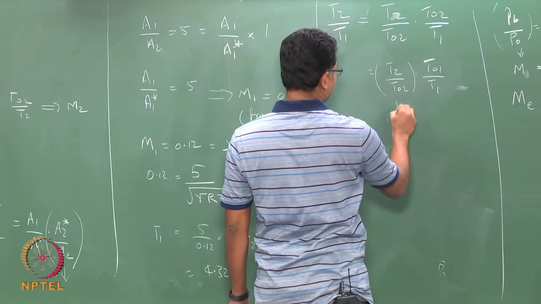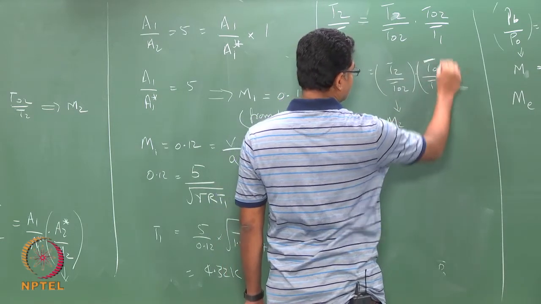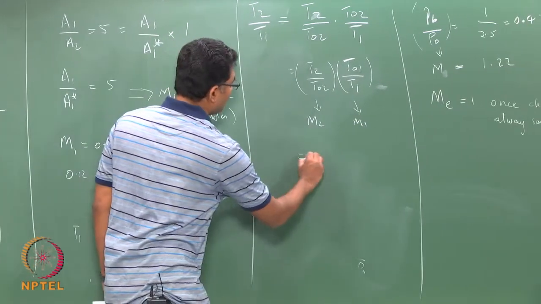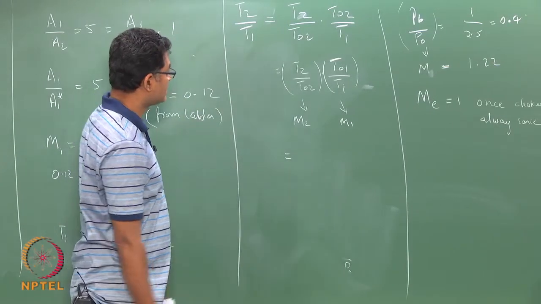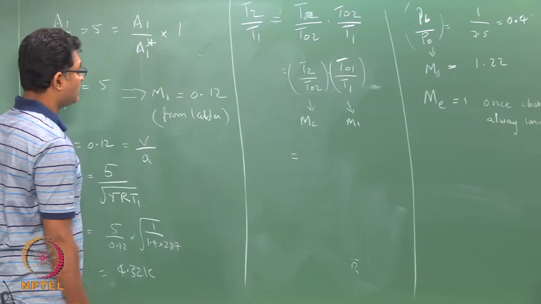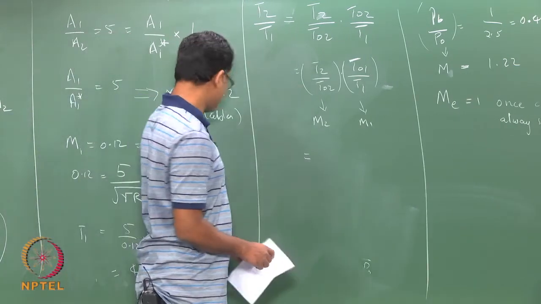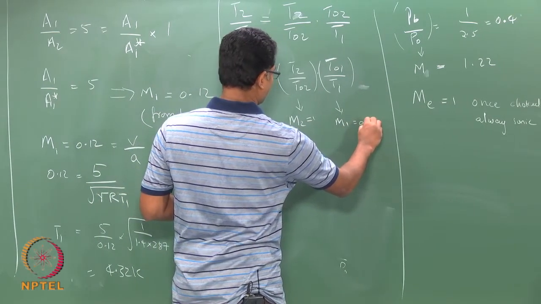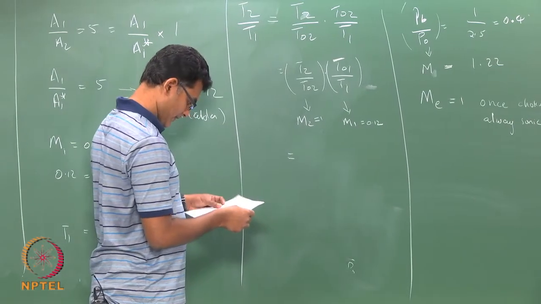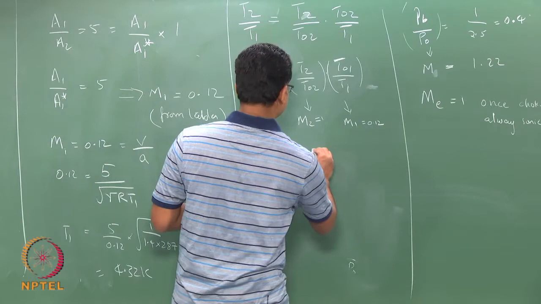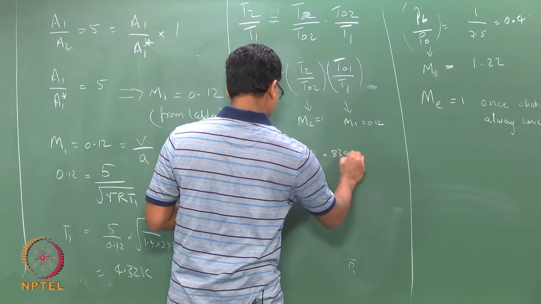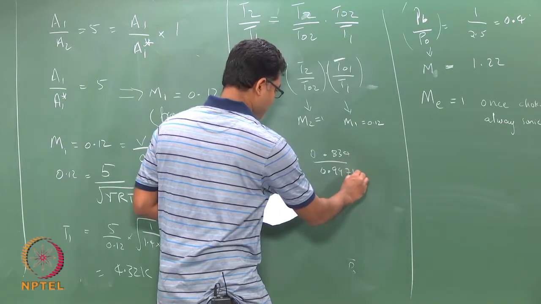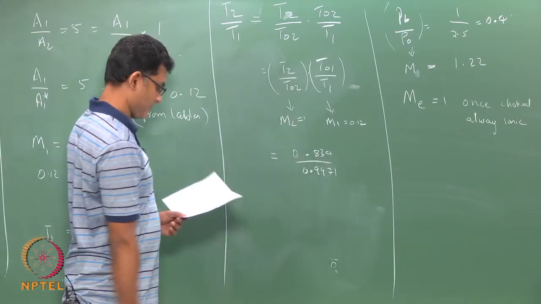So, this I should get from Mach number 2, and this I should get from Mach number 1, for which I again look at the isentropic tables. This ratio for Mach number 2, which is 1, is 0.834, and this is for 0.12, which is 0.9971. So, I look at the tables for gamma equals 1.4 and get these ratios.